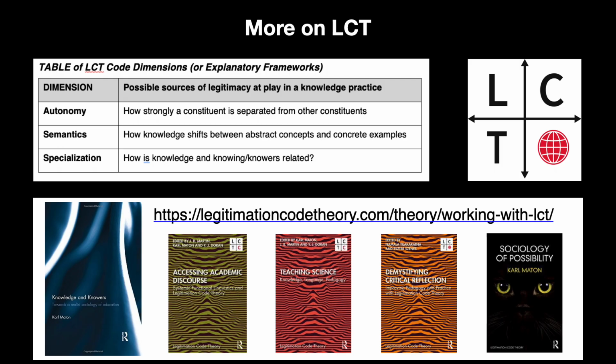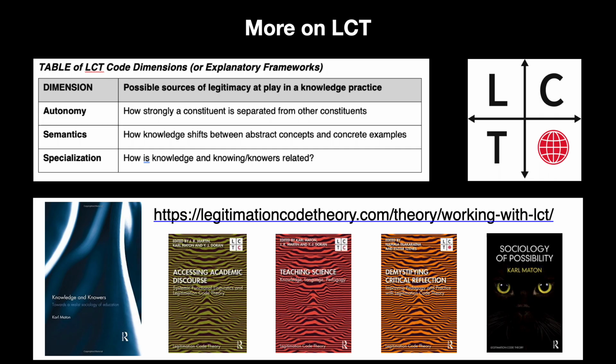The Chen and Maton study is only one out of hundreds, if not thousands actually, of studies using one or more of LCT's code dimensions. As mentioned, Maton's rather dense Knowledge and Knowers is a key founding text, and a new book, Sociology of Possibility, that he's authored, is to be published in the summer of 2026.